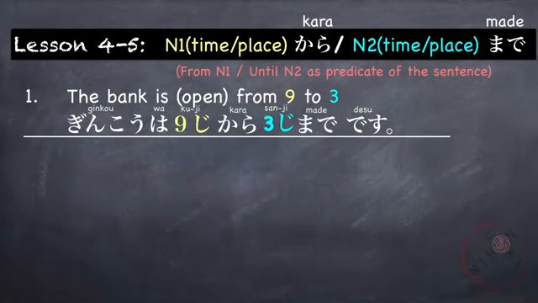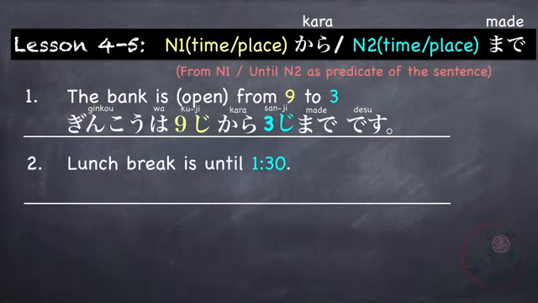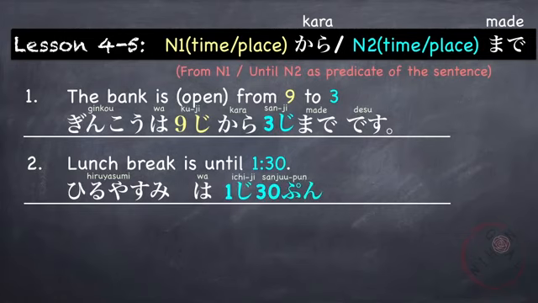Another example, lunch break or lunchtime is until 1:30. Lunch break is 昼休み. 昼休みは1時30分. So 1時 1 o'clock, 30分までです. 昼休みは1時30分までです.